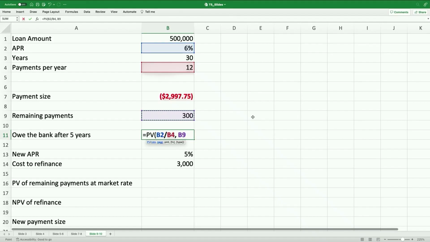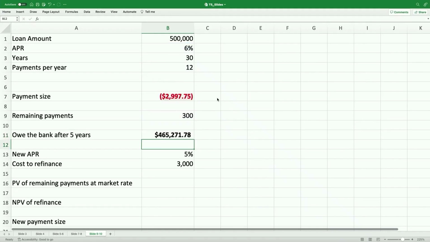Okay? What is the size of our payment? Just figure that out, 2997.75. So how much do we owe the bank after 5 years? About $465,000. So originally we owed them $500,000. Now after 5 years of payments, we owe them $465,000.